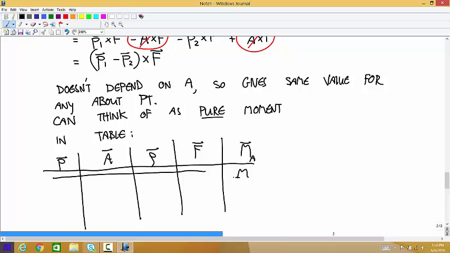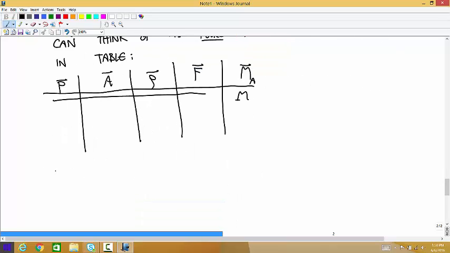So an example of a couple, physically or intuitively, you can think of a couple as a screwdriver.